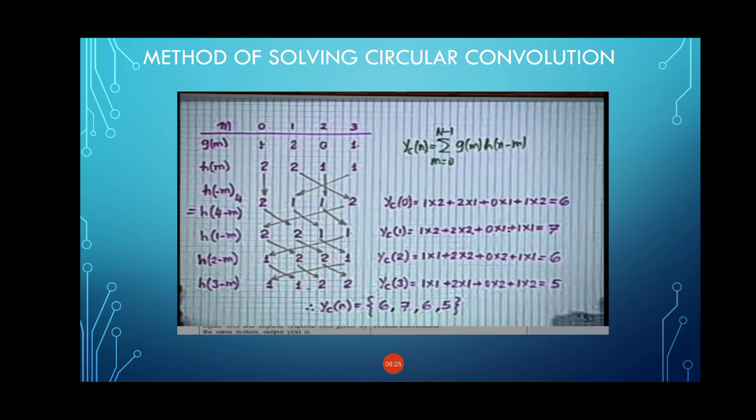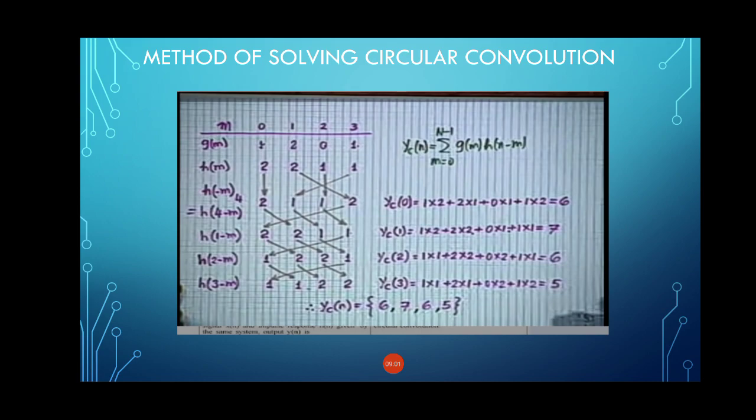Now similarly, if we want to find yc of 1, n becomes 1. So we need to find h of (1 minus m) modulus 4. What we can do is make a circular shift of h of minus m by plus 1 position.